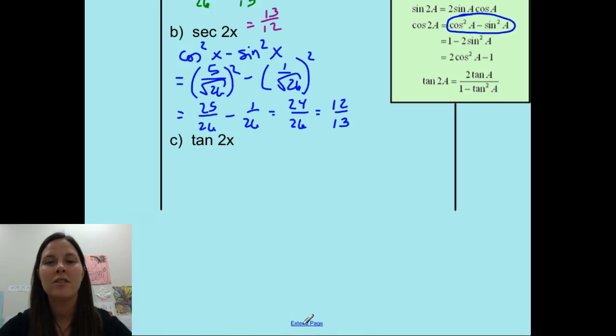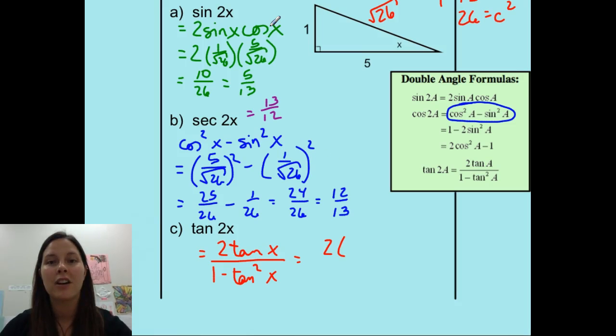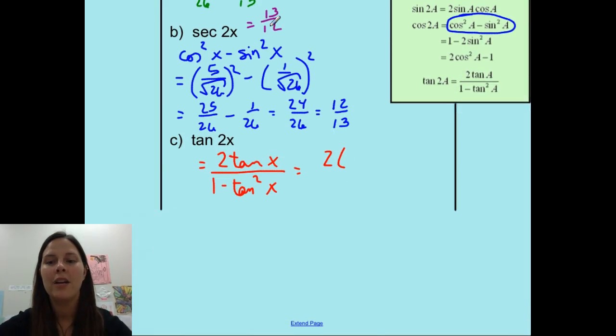Finally, we have our tangent of 2x, so we'll use that last formula, which is 2 times the tangent of x all over 1 minus tangent squared. Substituting in that tangent value, looking back at our triangle, we had 1 over 5, and in the denominator as well. In the numerator, multiplying, we get 2/5.